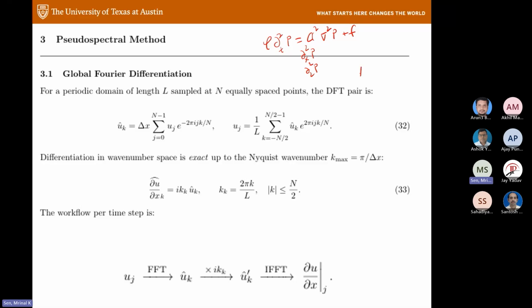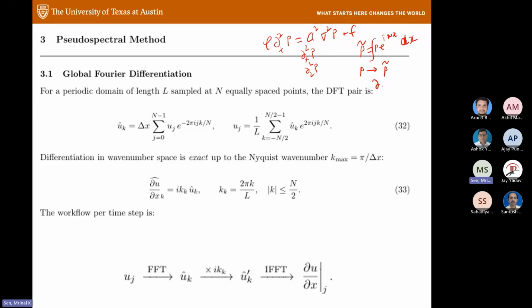When you have a function p and you transform it to p tilde, p tilde is equal to the integral of p e to the power i omega t dt. For the spatial Fourier transform, it is e to the power i kx x dx.